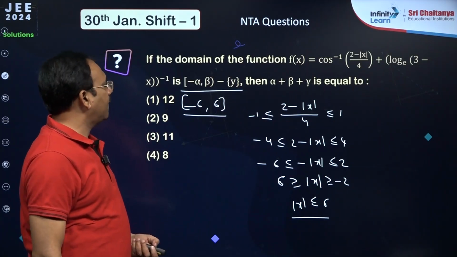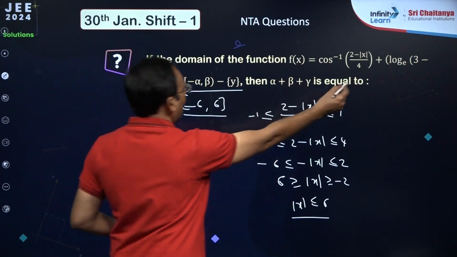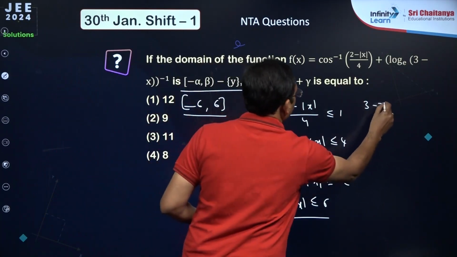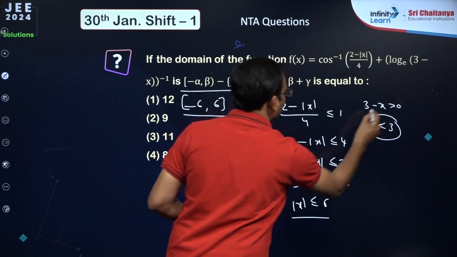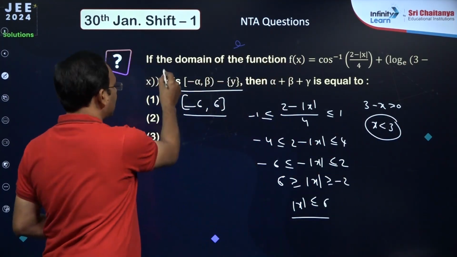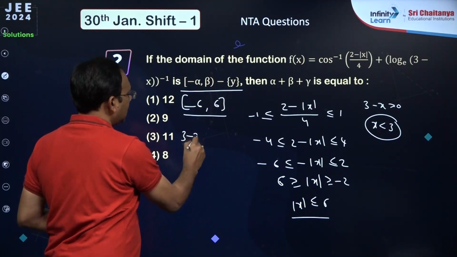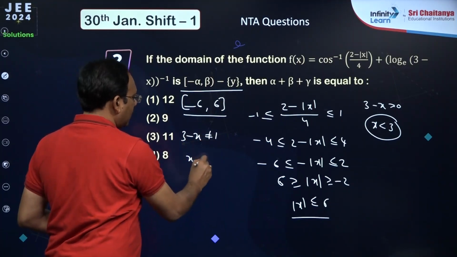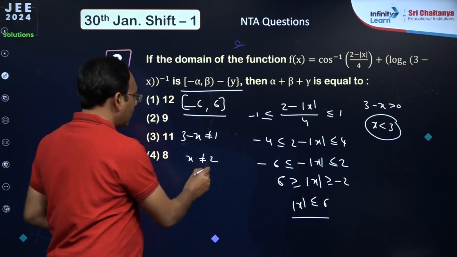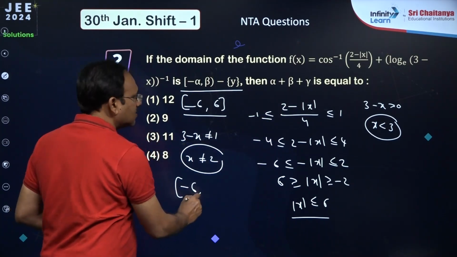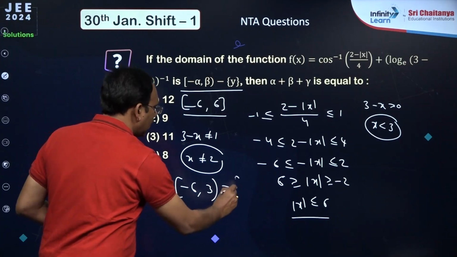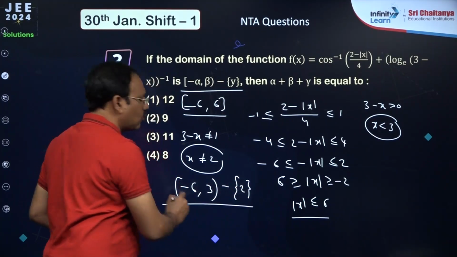Moreover, input of logarithm, that is 3 minus x, must be positive. So x must be less than 3, my dear friends. Moreover, the logarithm base, 3 minus x, should not be 1, so x should not be 2. If you mix all combinations, closed minus 6 to open 3 except 2 is going to be the domain.